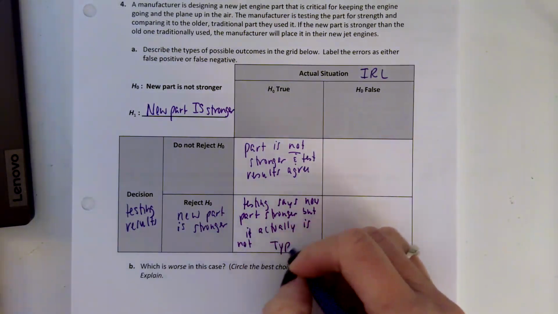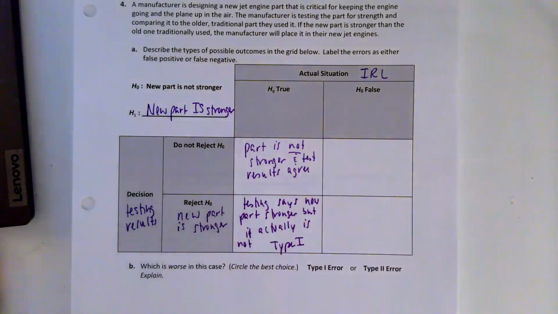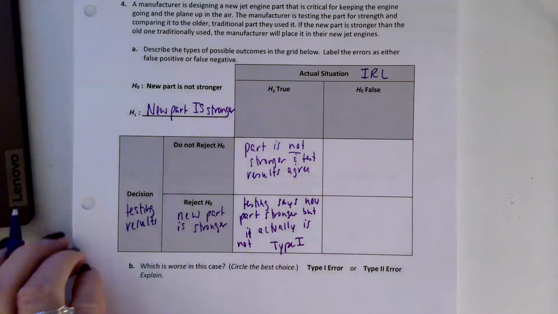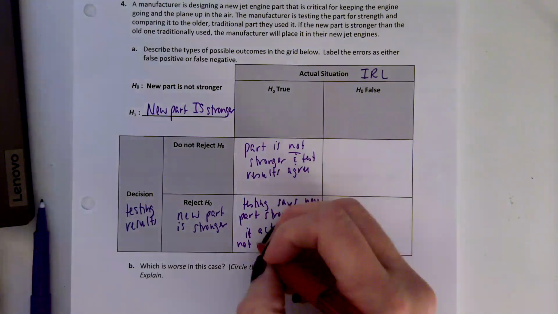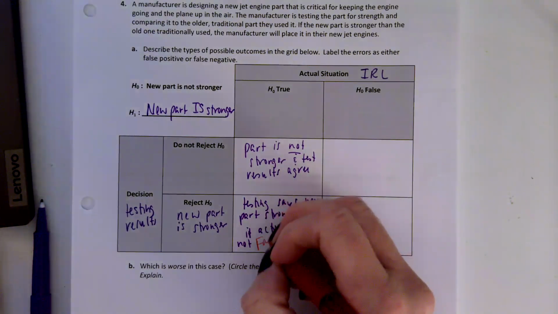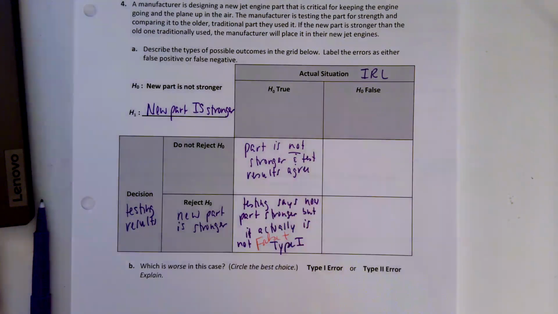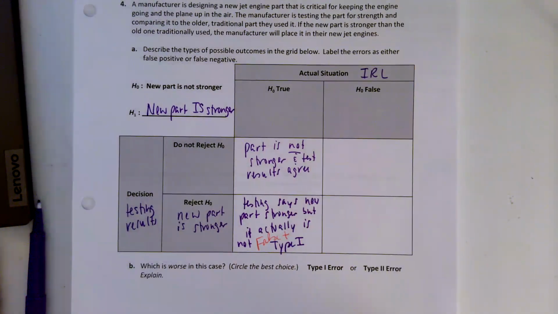This is a type 1 error. And this is what we would call a false positive. Okay. So here they would be using the new part, even though it's not stronger. That could cause an accident, right?